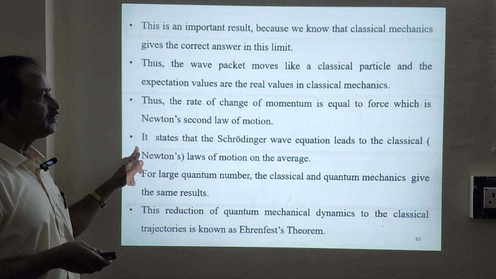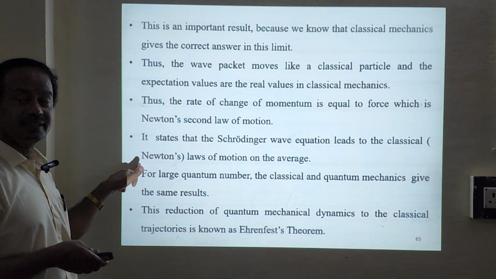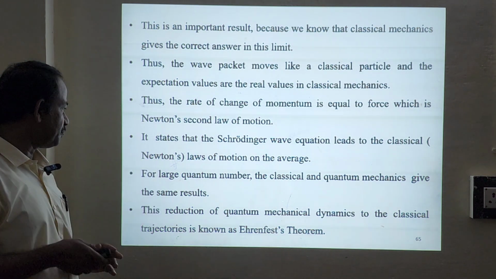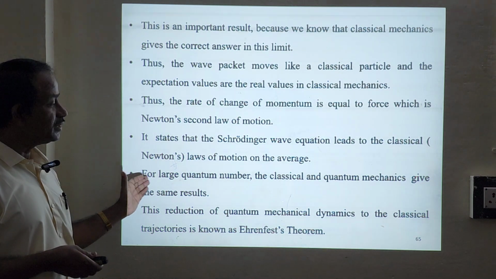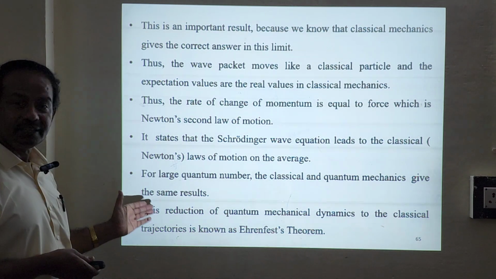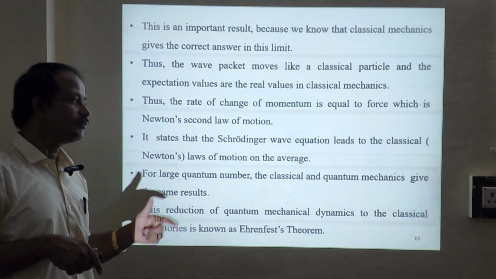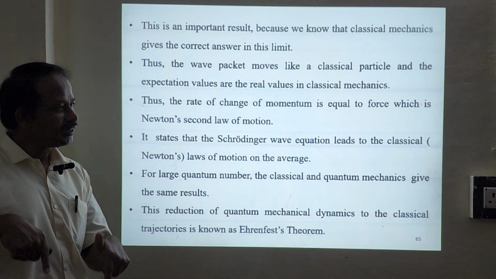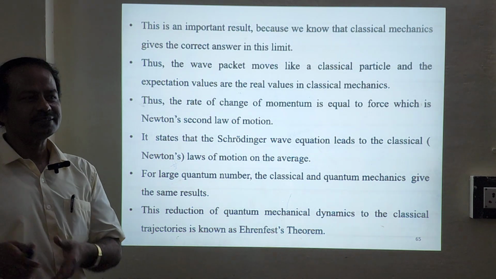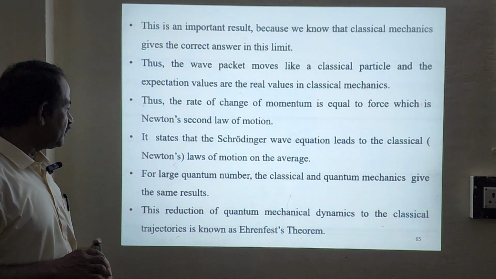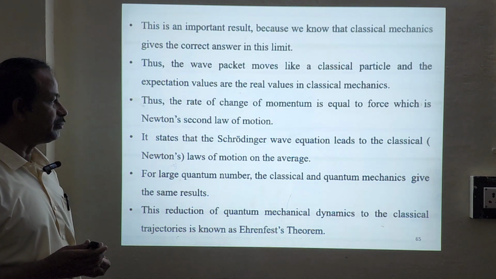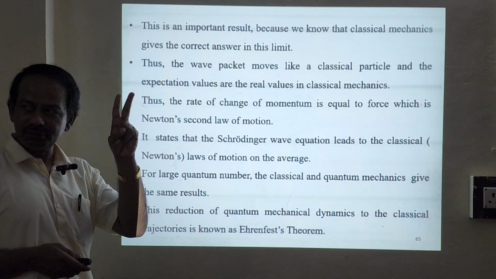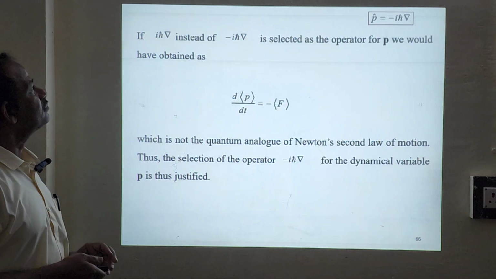It states that the Schrödinger equation leads to the classical Newton's law of motion on the average expectation value. For large quantum numbers, classical and quantum mechanics give the same results. Not only large quantum numbers, but when lambda tends to 0 or h tends to 0, we will get the results of classical mechanics. This reduction of quantum mechanical dynamics to the classical trajectory is known as the Ehrenfest theorem. So those two are the Ehrenfest theorems.